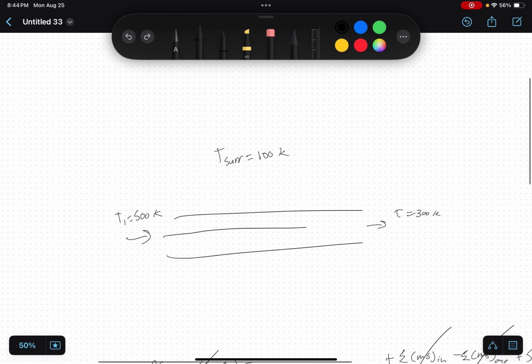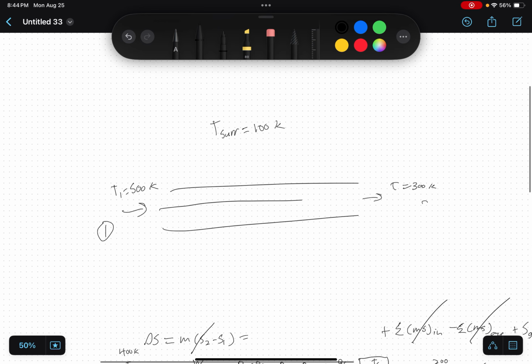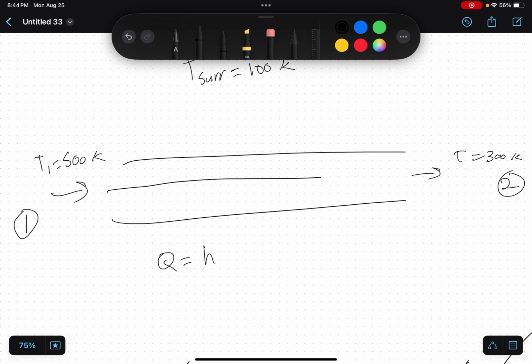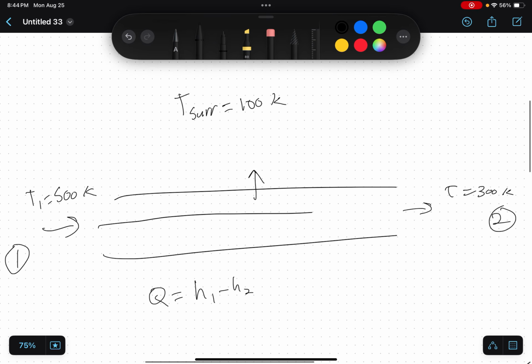So you could get a total Q between state 1 and state 2. Q equals H. The Q that left, well, I don't care about plus or minus, so I'm just going to say H1 minus H2. That'll get the amount of heat that leaves the system.